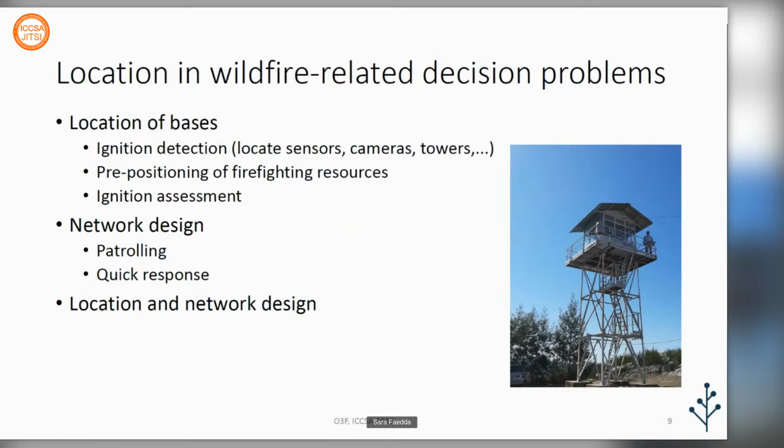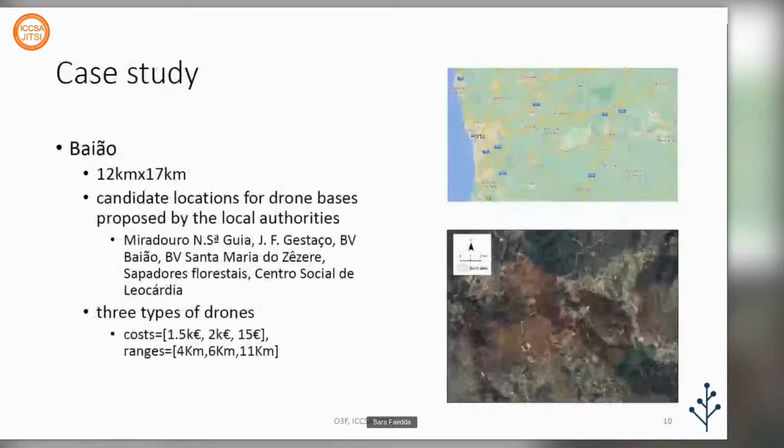So we may use a drone to go there and assess the situation of the potential fire emission. More than this, we are interested in network design and in the combination of both, but in this work I'll only focus on network location.